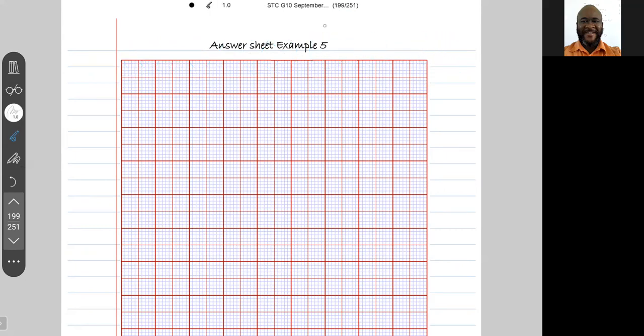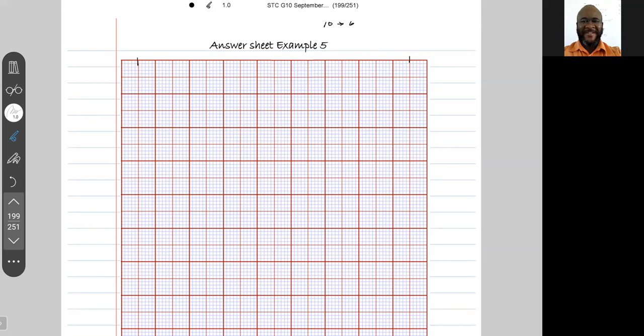I need 10 centimeters to the left. I need 6 centimeters to the right. So I need 16 centimeters altogether. So I have 2 centimeters to spare, so I can drop my graph within here. Now, guys, the first thing we need to do is decide where we are going to put our y-axis.